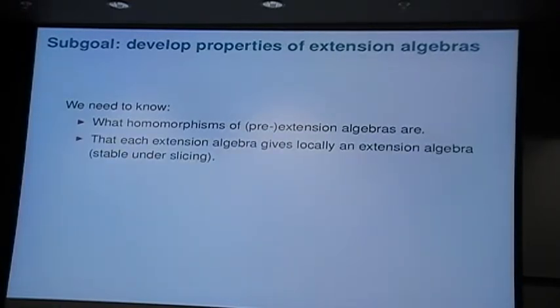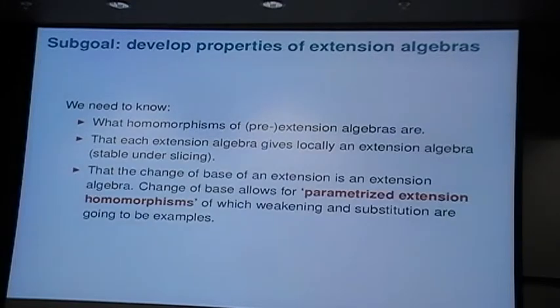We also need to have the slicing structure, so that's a second property that we want. And we also want to know that it's stable under change of base, because that allows for parametrized homomorphisms. Both weakening and substitution are examples of those, as we will see later in the talk. So I'm going to develop these three things.